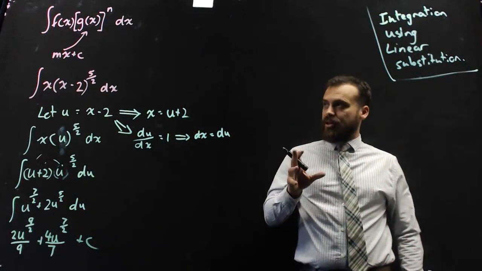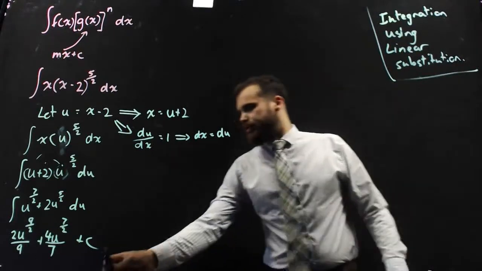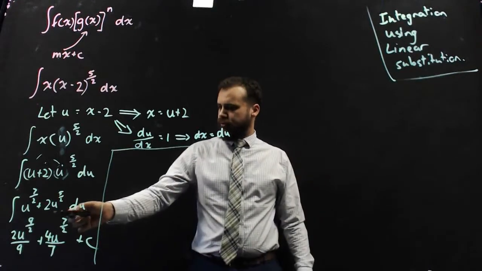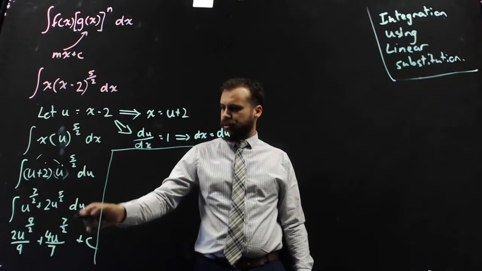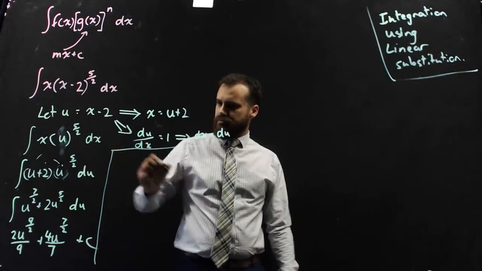Alright, nearly there, because now we just need to deal with the u. So we've got 2u to the 9 on 2 over 9 plus 4u to the 7 on 2 over 7 plus c. Let's put x minus 2 back in here.